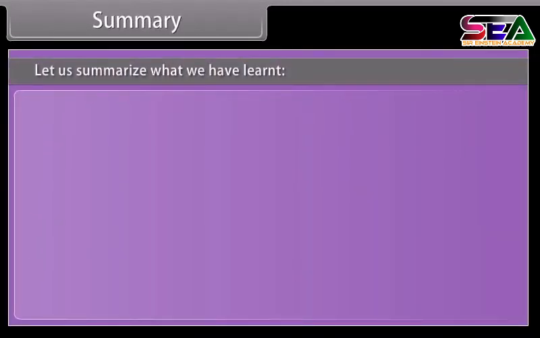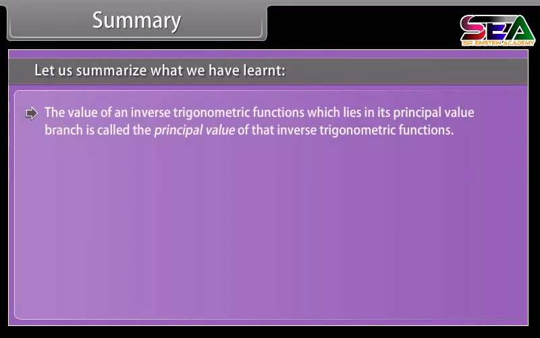Summary. Let us summarize what we have learnt. The value of an inverse trigonometric function which lies in its principal value branch is called the principal value of that inverse trigonometric function.